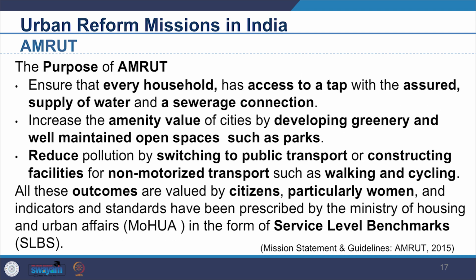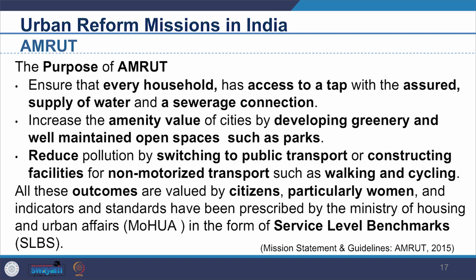The purpose of Atal Mission for Regeneration and Urban Transformation is to ensure that every household has access to a tap with the assured supply of water and a sewerage connection, increase the amenity value of cities by developing greenery and well maintained open spaces such as parks, and to reduce pollution by switching to public transportation or constructing facilities for non-motorized transport such as walking and cycling.